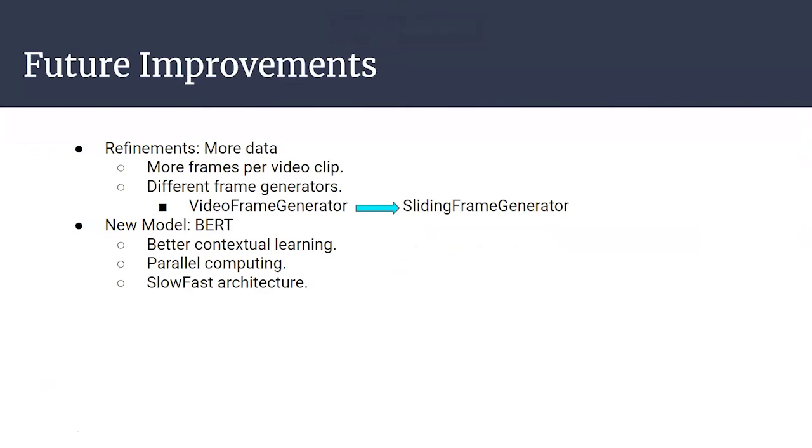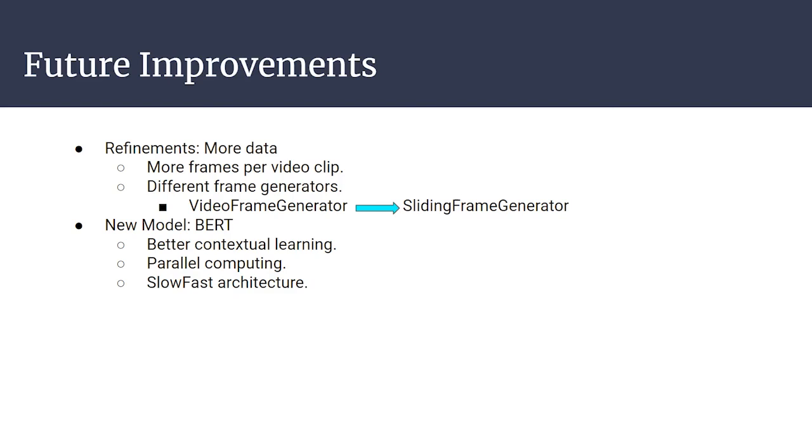We can extract more frames to have smoother transitions. We can also use different frame generators. We have tried the sliding frame generator instead of the video frame generator. The former produces too much data for us to train, so we mainly use the latter. But we wish to use the former to improve the results given more time.